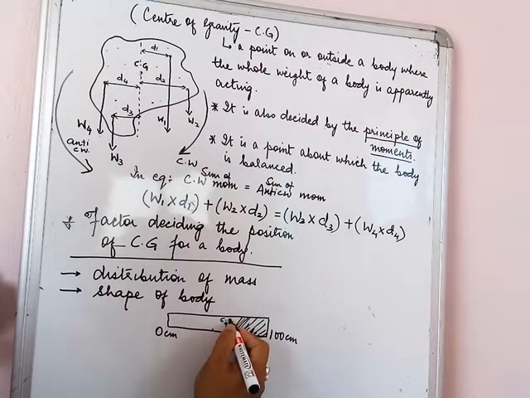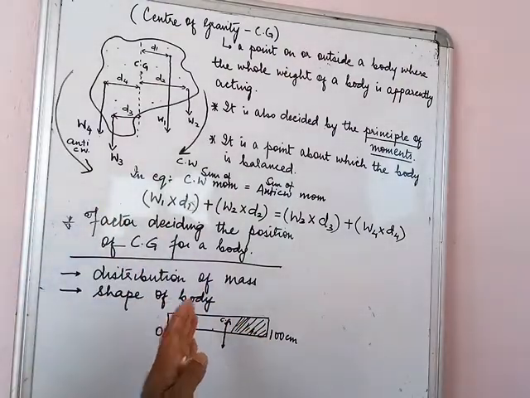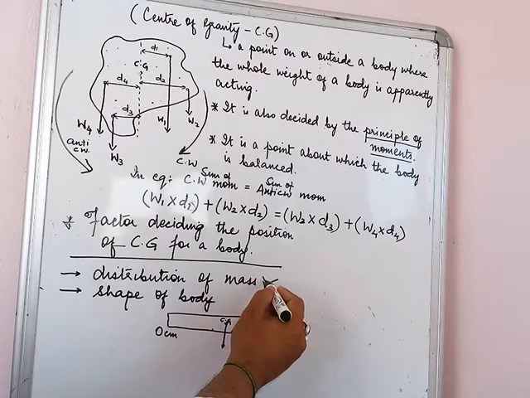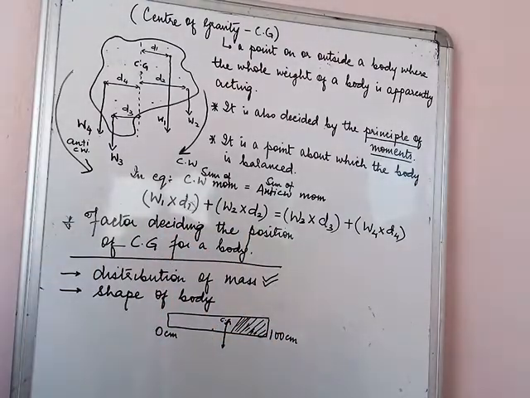So this is where the distribution of mass comes as a factor. As long as the mass is distributed uniformly, the center of gravity will be the geometrical center of that body. But if the mass is not uniformly distributed, then the center of gravity shifts towards more mass.